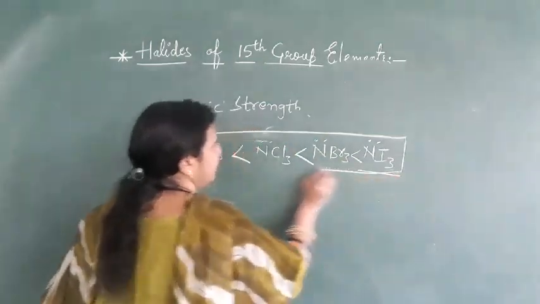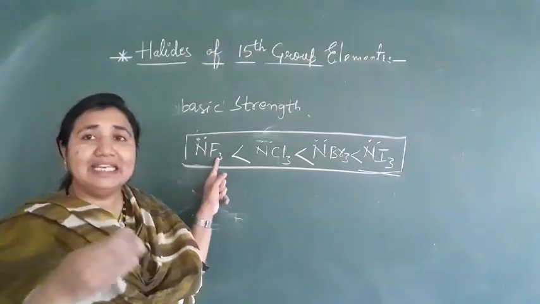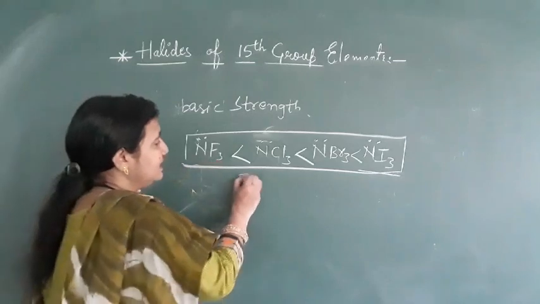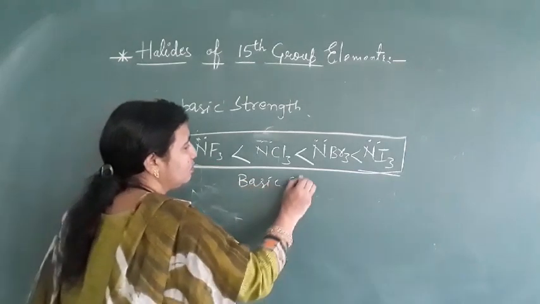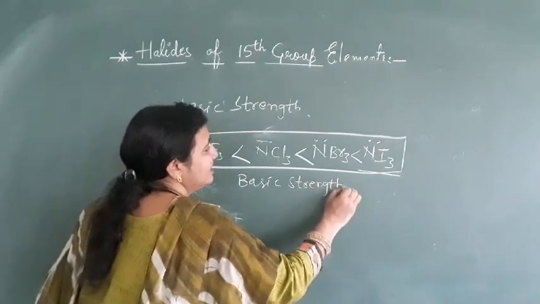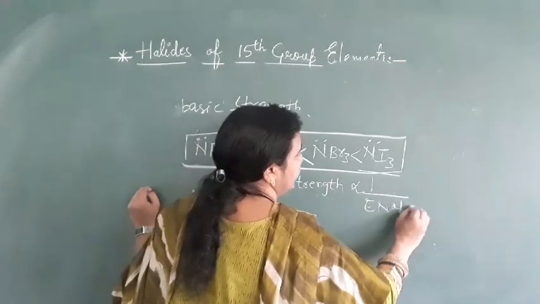The reason is that as the electronegativity of the surrounding atom increases, the basic strength decreases. So basic strength is inversely proportional to the electronegativity of the surrounding atom.